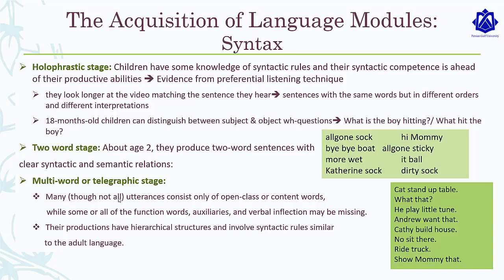However, in their production they follow the hierarchical structure of the adult grammar, and they use the same syntactic rules that we can see in adult English. For example, we have a WH question at the beginning of a sentence, or the subject at the beginning of the sentence.